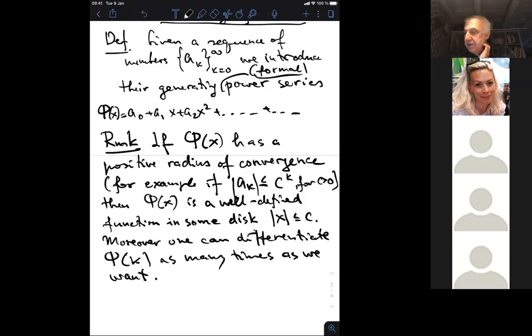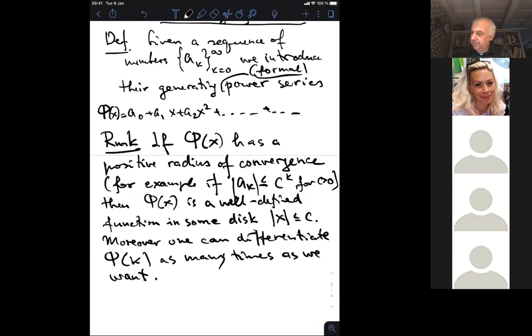And the derivatives of phi can be obtained by the formal operation with the power series. We can formally differentiate the power series once and twice and three times and so on. In fact, a converging power series represents a so-called analytic function, and analytic functions play an especially important role in analysis and in complex analysis. These are really functions with a lot of nice properties.